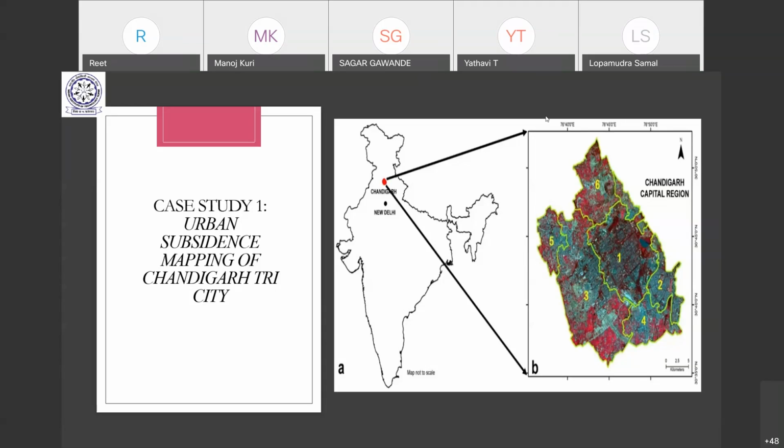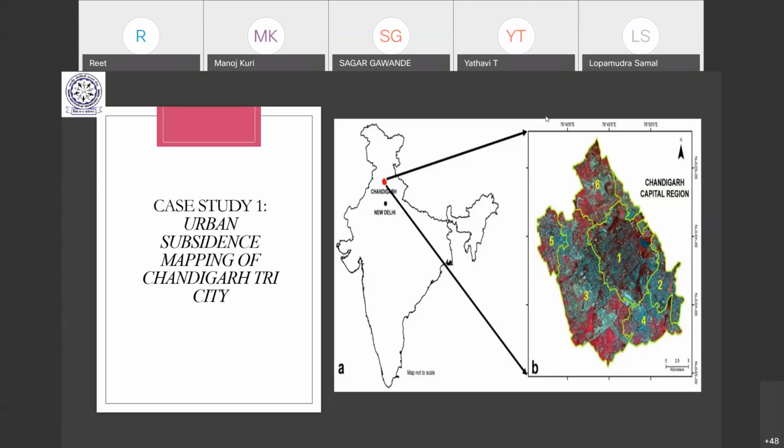So with time, a lot of groundwater exploitation happened in this area, which has led to the decrease in the groundwater of this area, and it is continuously decreasing.